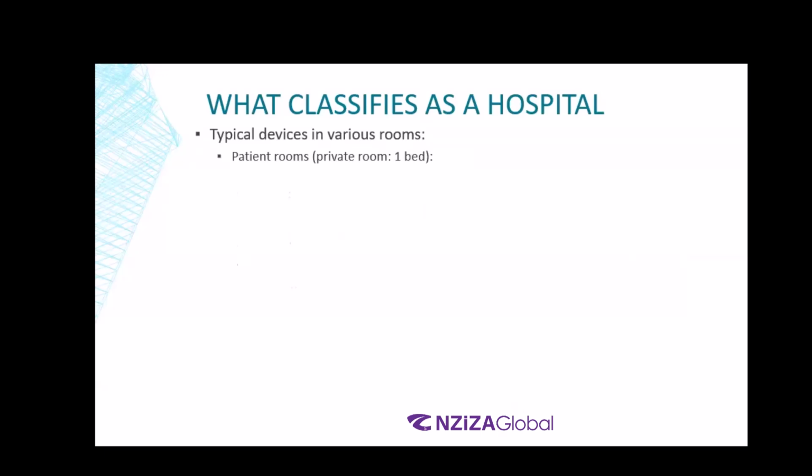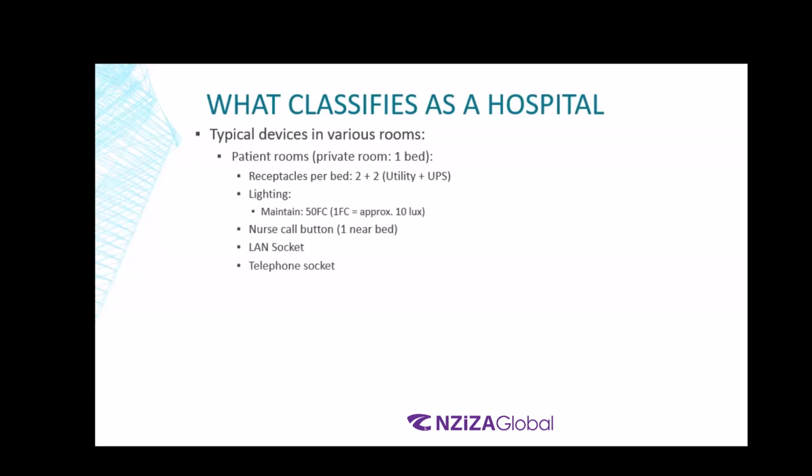And then when we have a private room, just 1 bed in the room, again a 2+2 configuration. Then for the lighting, same thing, 50-foot candles or 500 lux. One nurse call button near the bed, a LAN socket, a telephone socket, and a TV screen socket. All right.